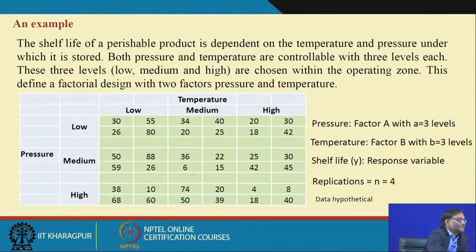These are all hypothetical data. We assume that we have conducted this experiment, and the data will be random, in the sense that the experiments are conducted using proper randomization.